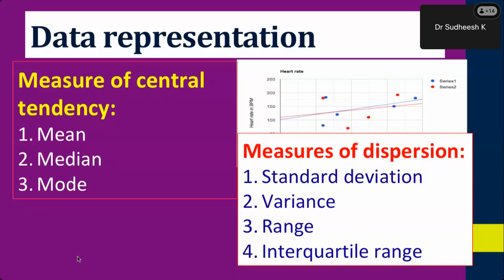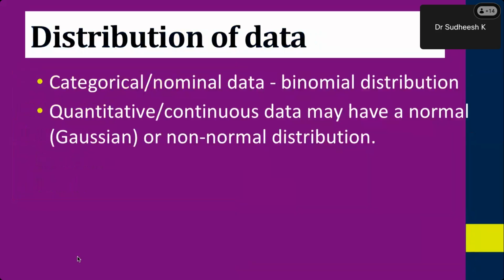It tells how far a particular value can move away from the central value. So this is represented in the form of standard deviation, variance, range, or interquartile range, depending upon what kind of data you represent.